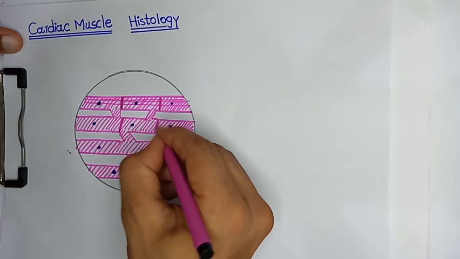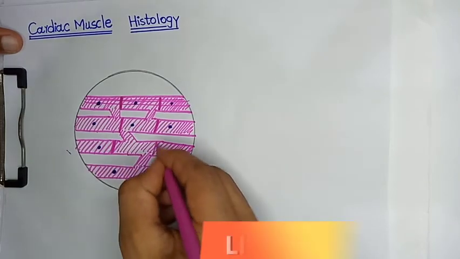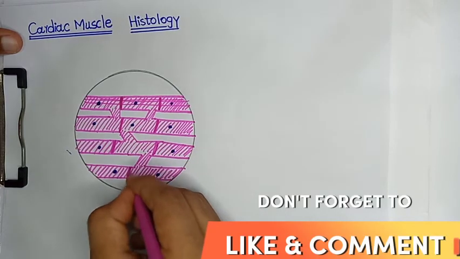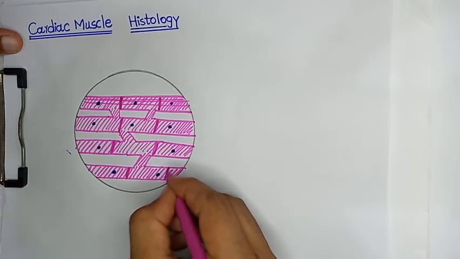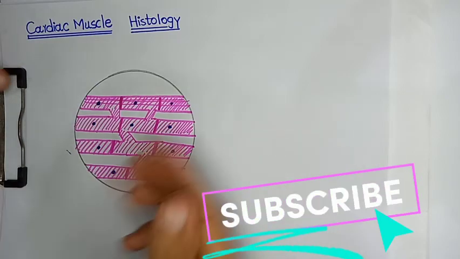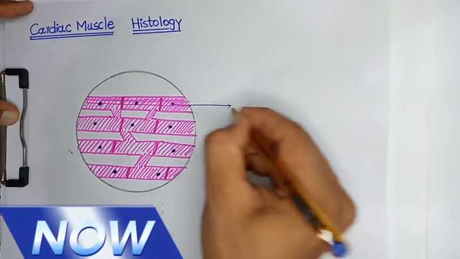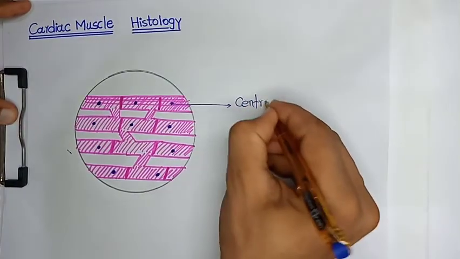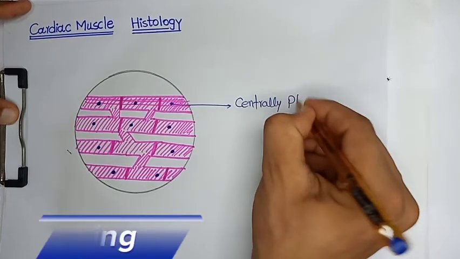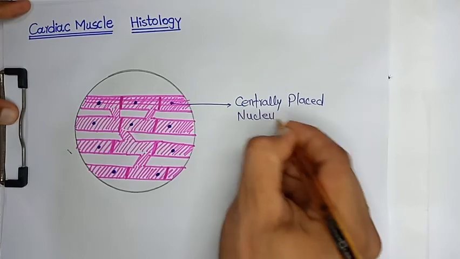The cardiac muscle fibers are separated from one another through intercalated discs. This is intercalated disc. It is also intercalated disc. This is the complete diagram of cardiac muscle histology.